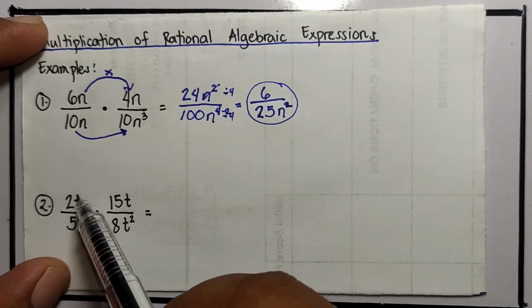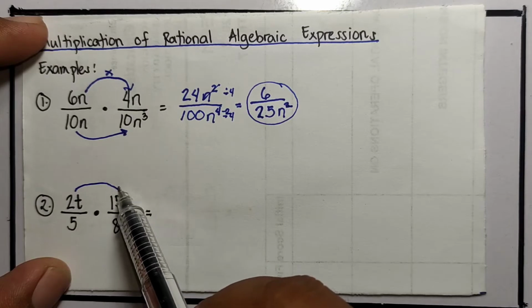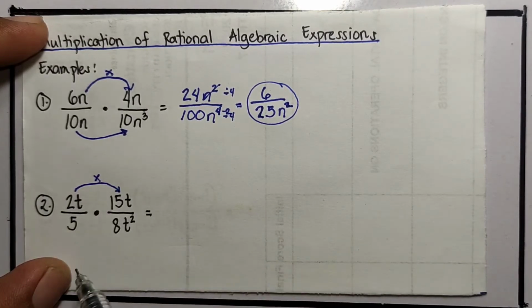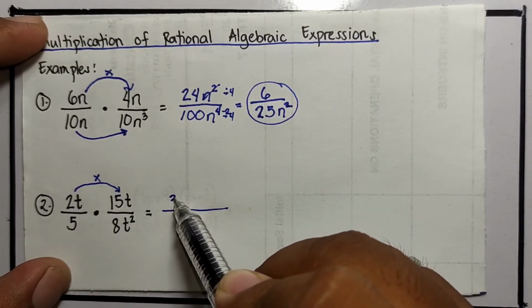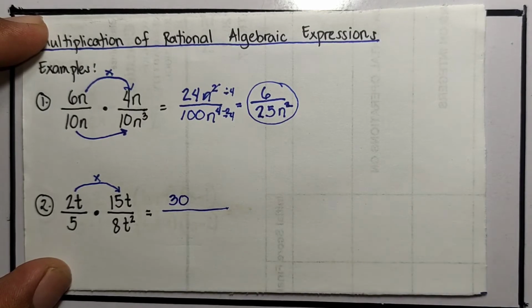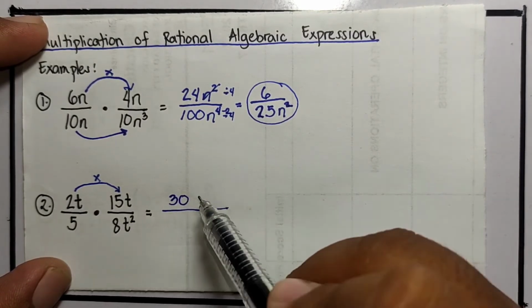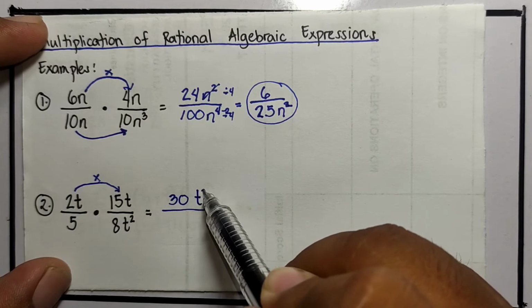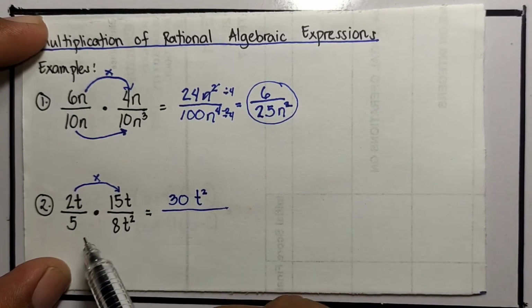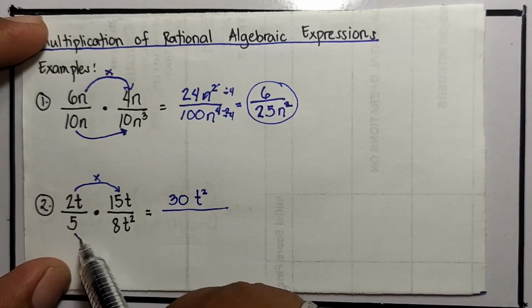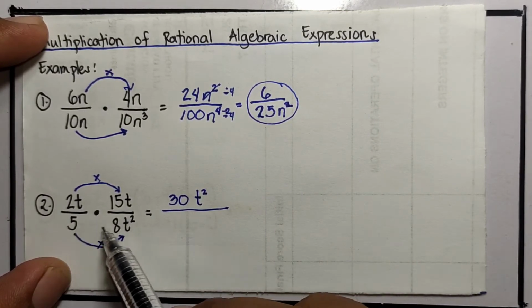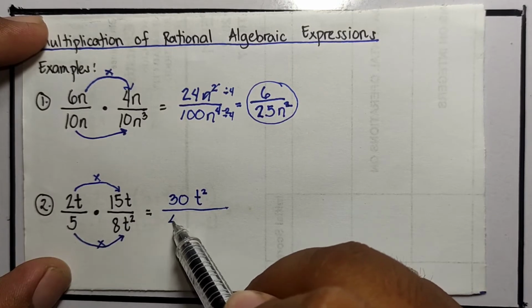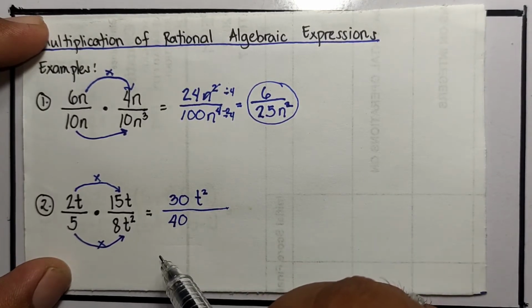Okay, second example, multiply. We will multiply 2 times 15. We have here 30. Then t times t, we have t squared. Next, 5 times 8t squared, multiply. 5 times 8 is 40.